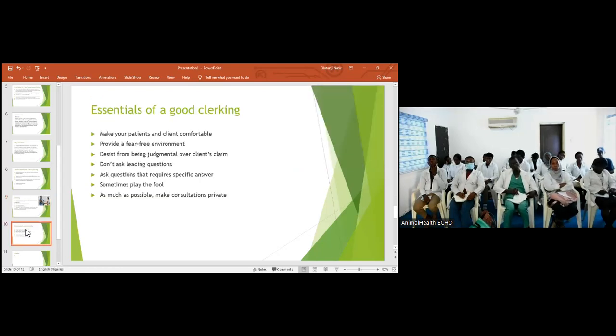What are the essentials of a good clerking? You have to make your patient and client very comfortable. I see some people fighting with dogs and cats, or fighting with the pigs, or fighting with the bull and everything. You have to make your patient comfortable.